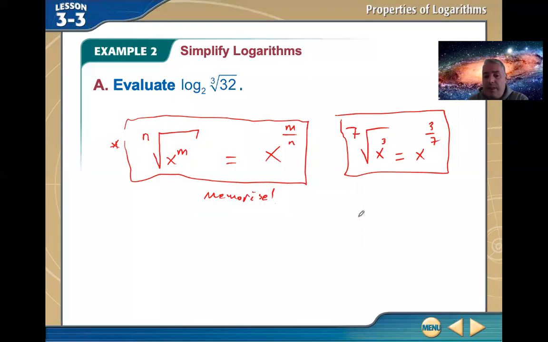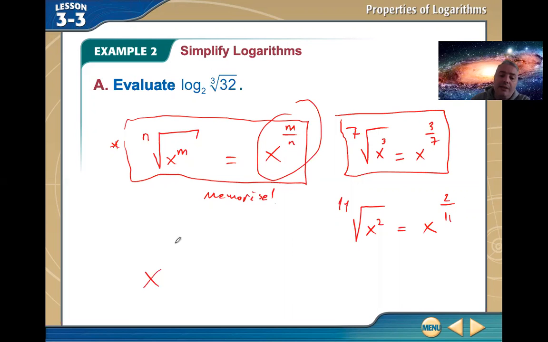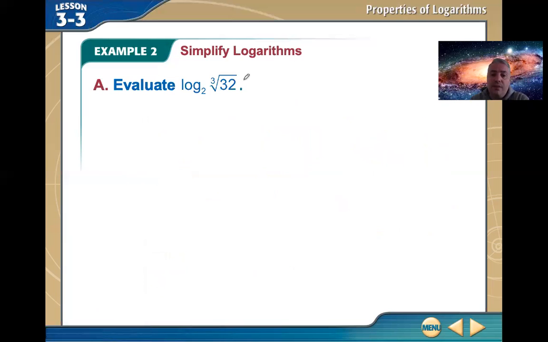So one more, for example, the 11th root of x squared. What will it be? x to the power of 2 over 11. That's it. If you have this, you can also write that. I mean, if you have x to the power of 3 over 7, you can say the 7th root of x to the power of 3. We have to be familiar. It's very important. Now, let's go back to our question.